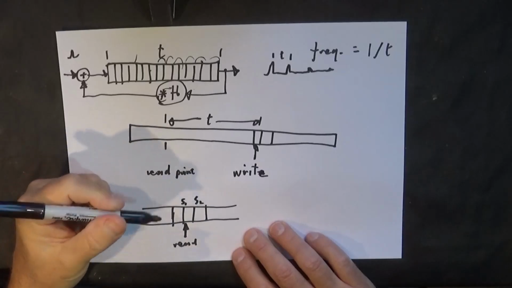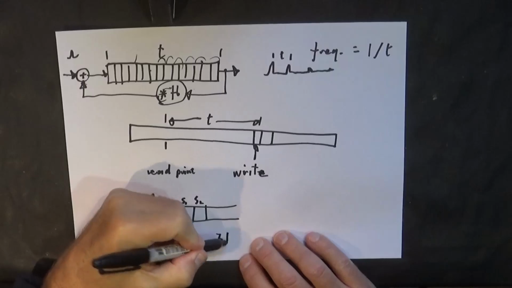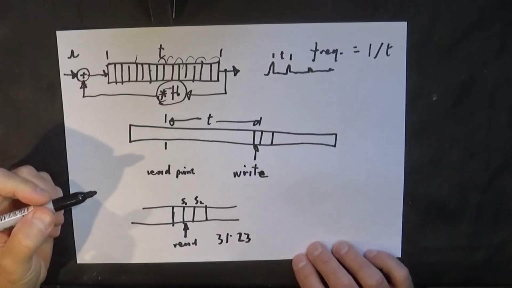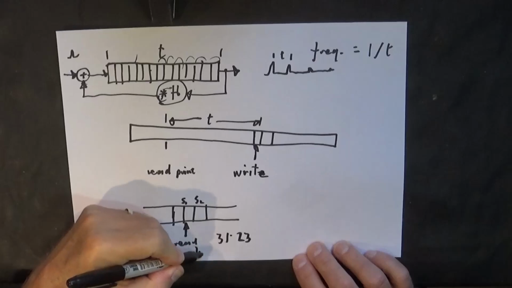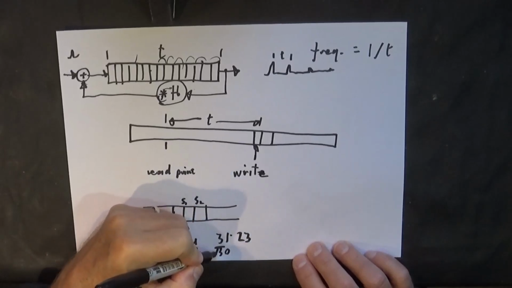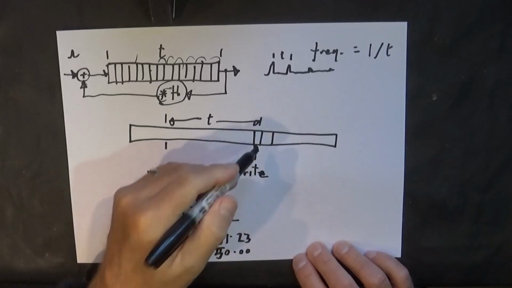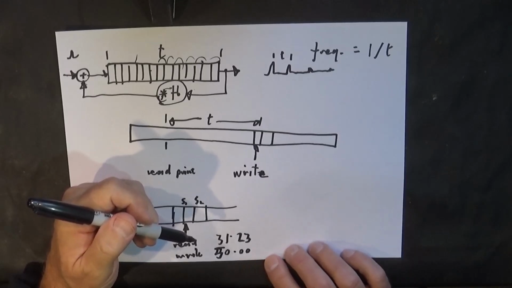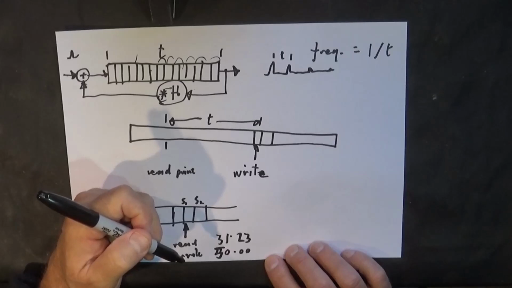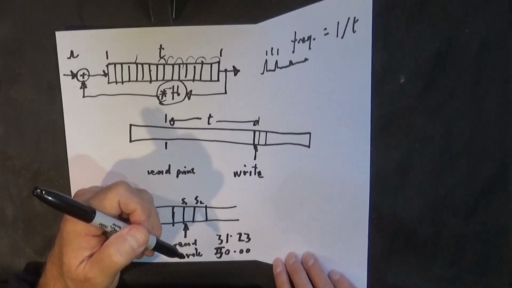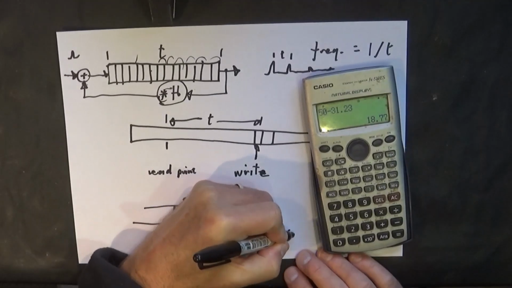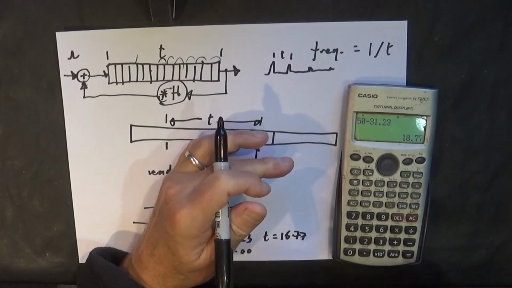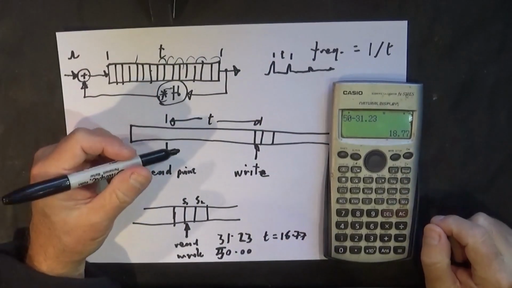Say our read point is at sample 31.223, and if our write point is at, say, 50, I know the write point is always at a sample point, then our delay time is T equals 18.77 samples, and say we're using a 48 kilohertz sample rate, which I generally am.